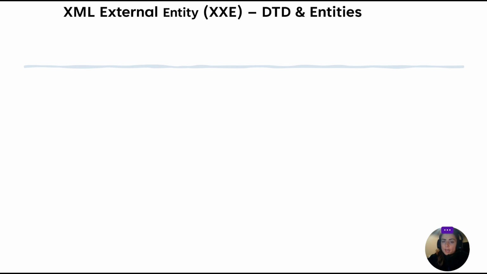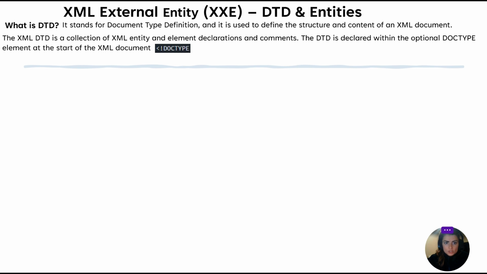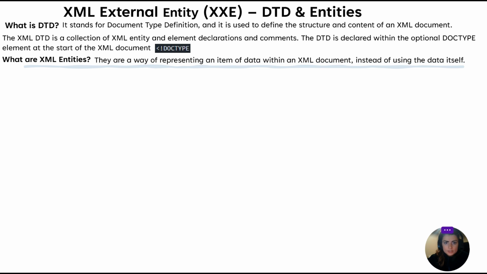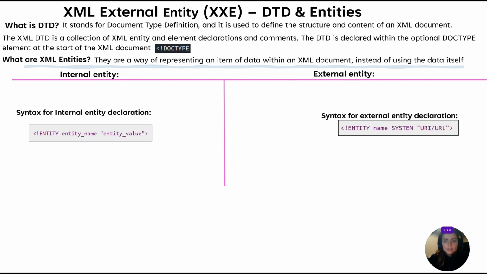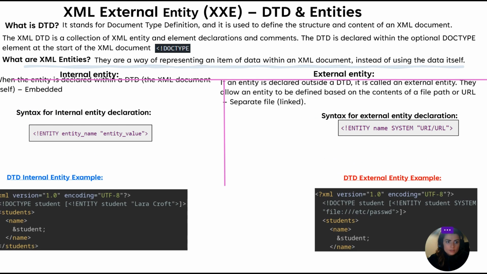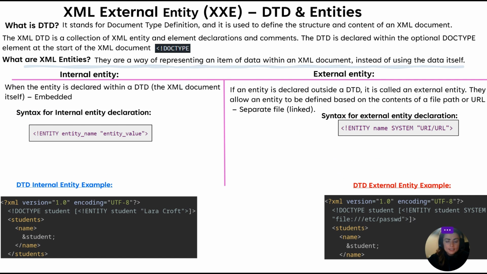So we will be talking about DTD and entities. So just one second, because first I want to show you this. So what is DTD? DTD stands for Document Type Definition and is used to define the structure and content of an XML document.